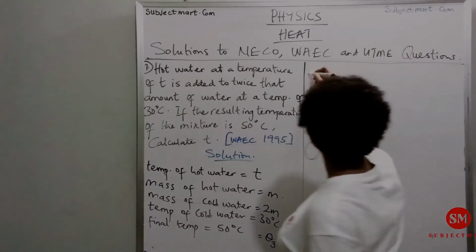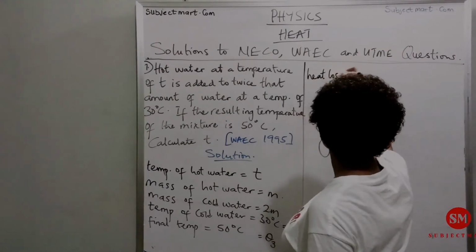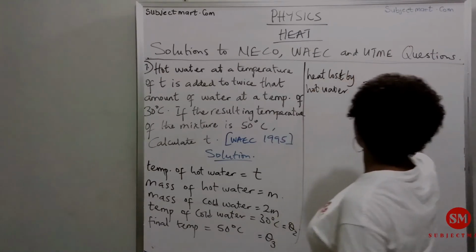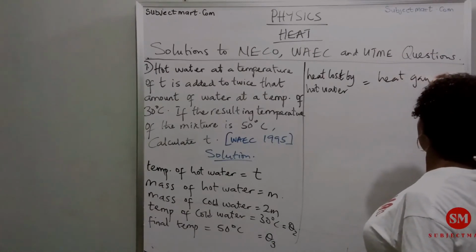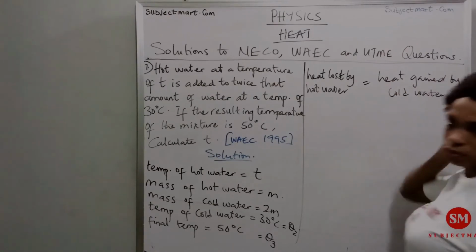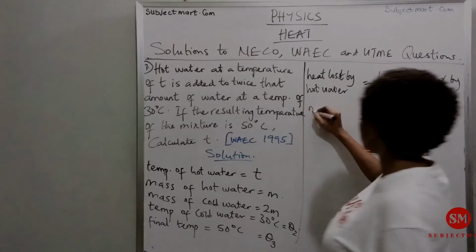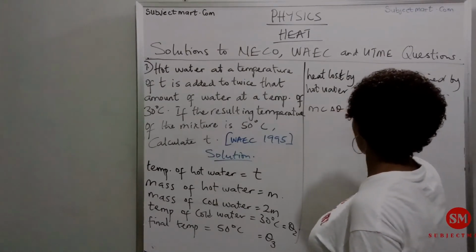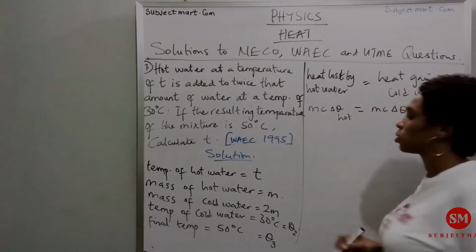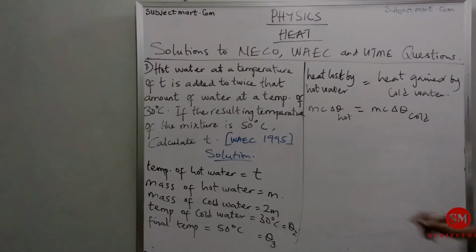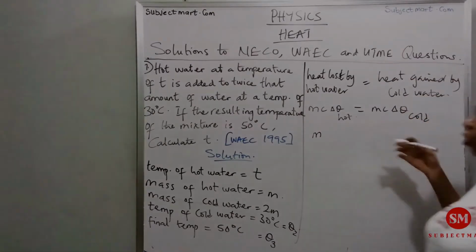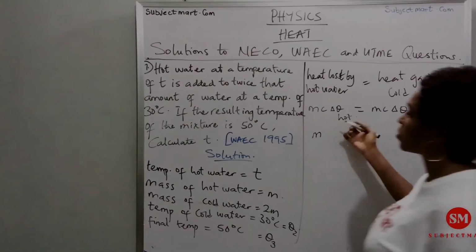So we just go ahead and apply heat lost by hot water is equal to heat gained by the cold water. So I have MC change in theta equals MC change in theta. This is for cold and this is for hot. So for this one, my mass is M, C of water, that's the specific heat capacity.